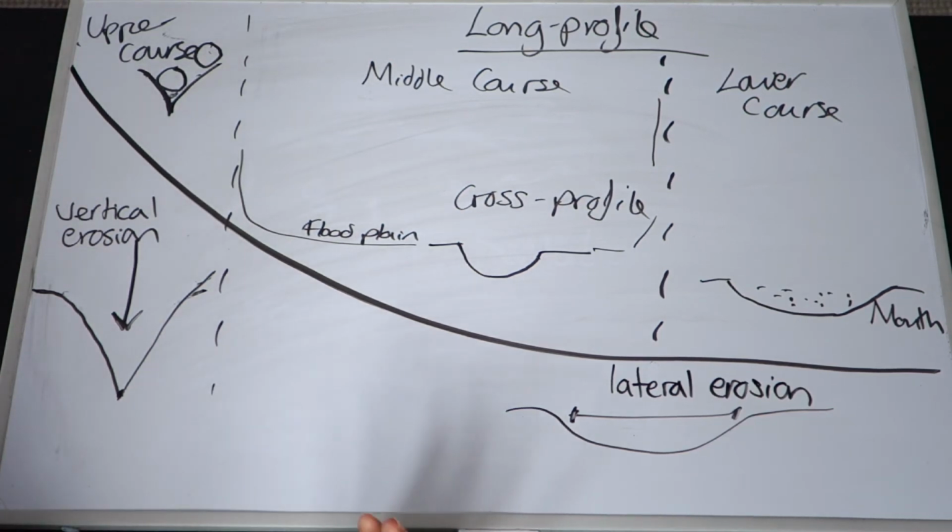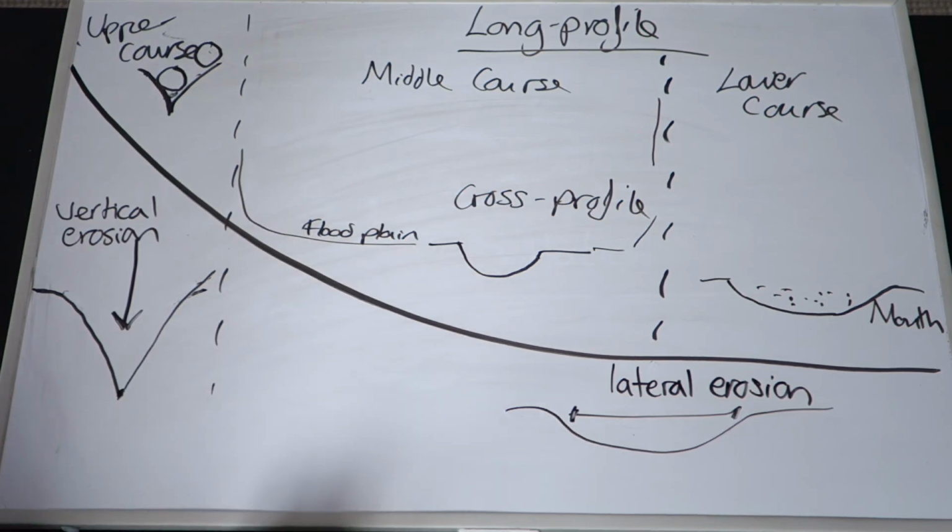Now, one of the strangest things about rivers is that when you look at them in the upper course, they look like they're flowing really quickly. There's a lot of white bits on the water, and you might hear a lot of the sound of the water flowing. And that makes you think that the water's travelling really quickly.